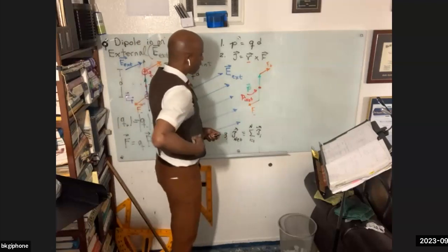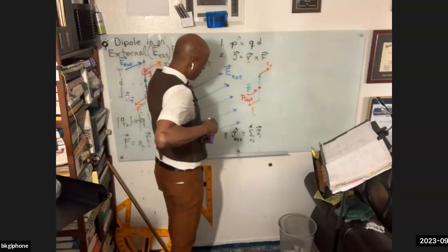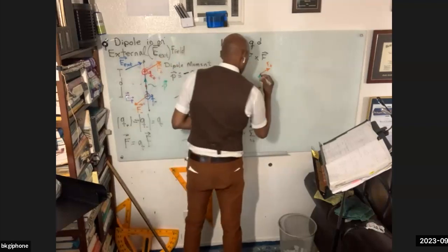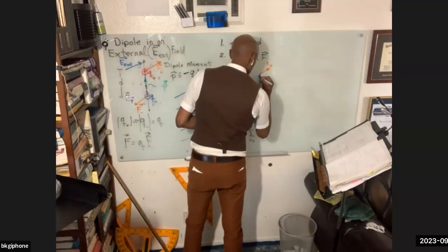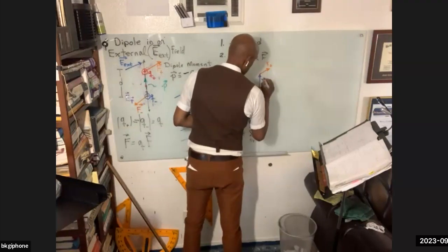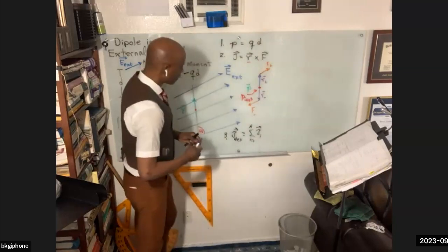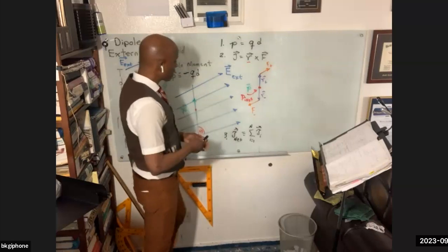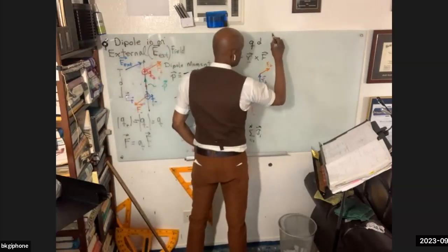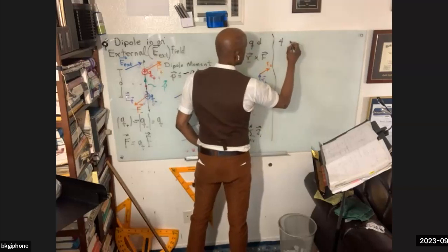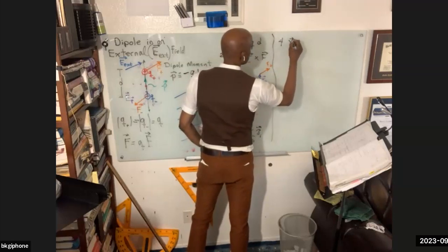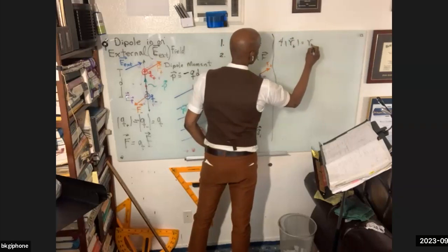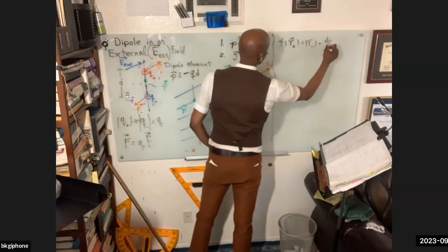So I'm going to call this one R plus, and this one R minus, associated with F plus and F minus respectively. And technically for this situation, the magnitude of R plus equals the magnitude of R minus equals d over 2.